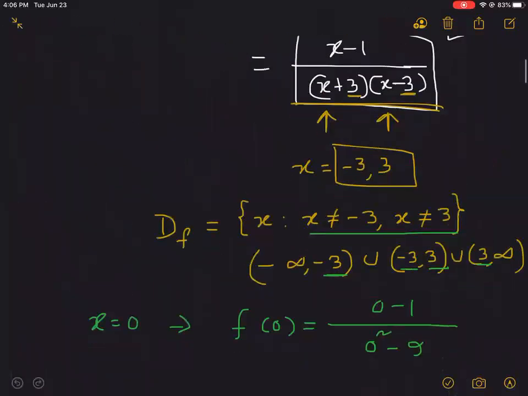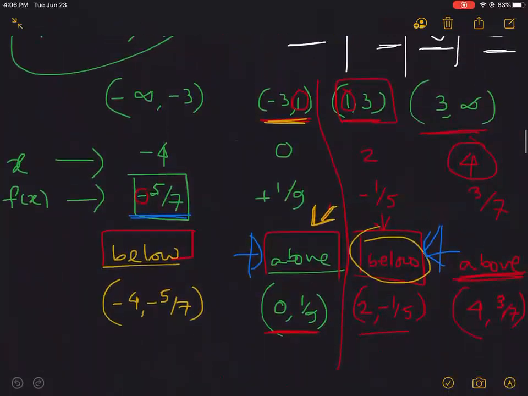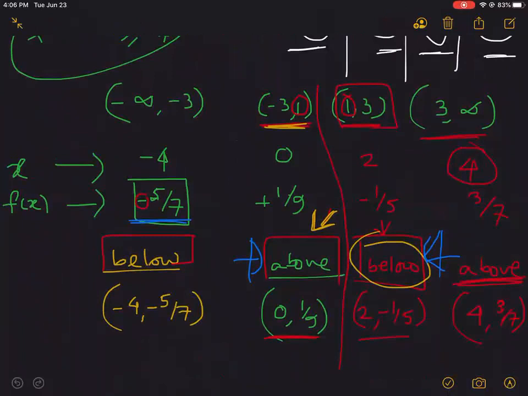Okay, so yeah, we can use this instead. For -4, our functional value is negative, right? Can you see that? Let me copy this real quick: -5/7, 1/9, -1/5, and 3/7.